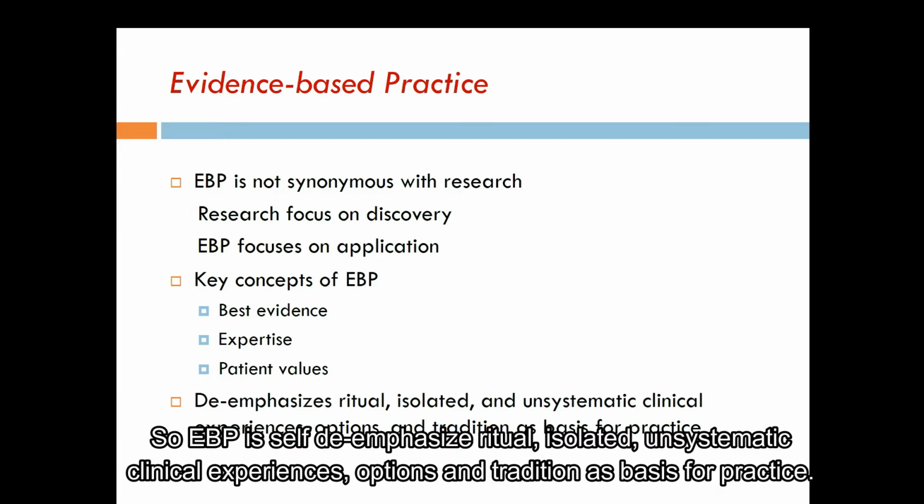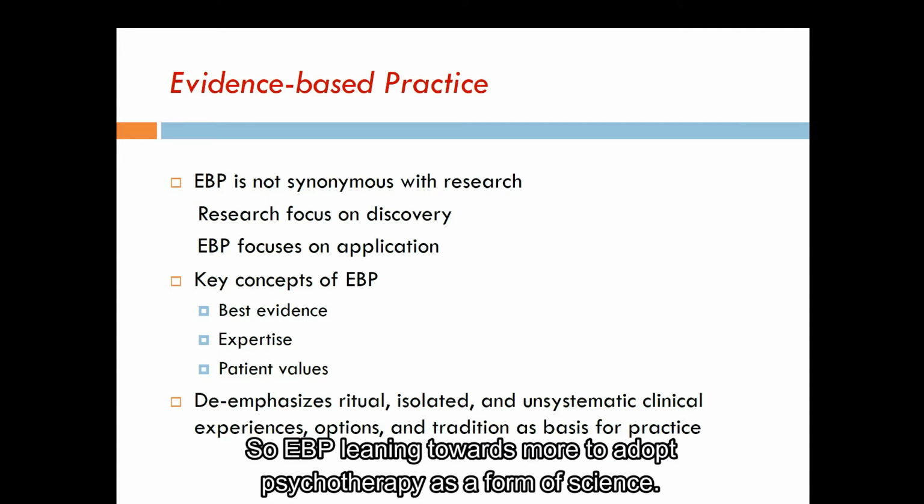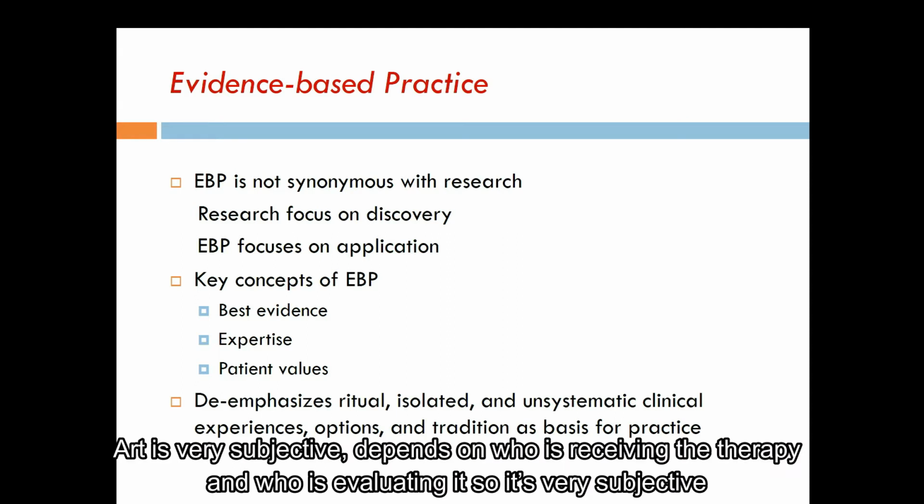So EBP itself de-emphasizes ritual, isolated, unsystematic clinical experiences, and opinions and tradition as the basis for practice. There is an argument among psychologists about whether psychotherapy is an art or a science. EBP leans more towards adopting psychotherapy as a form of science. Art is very subjective.